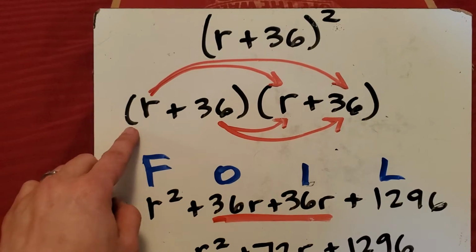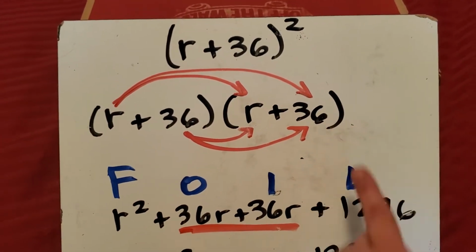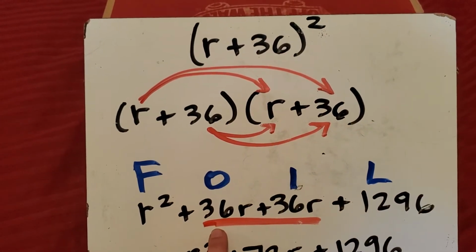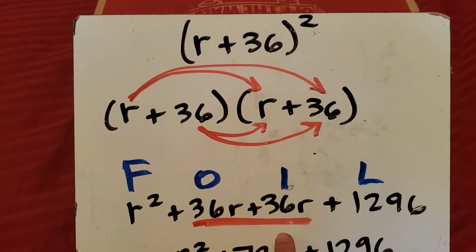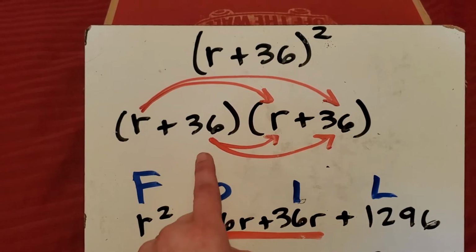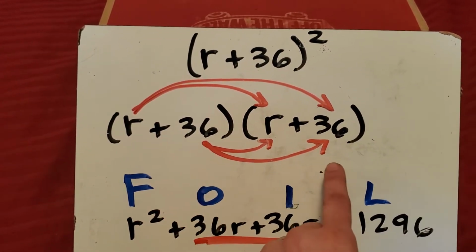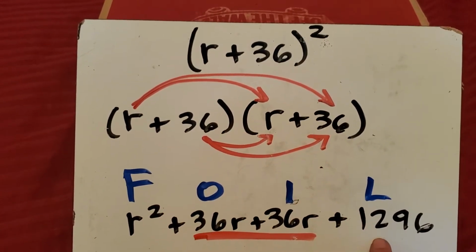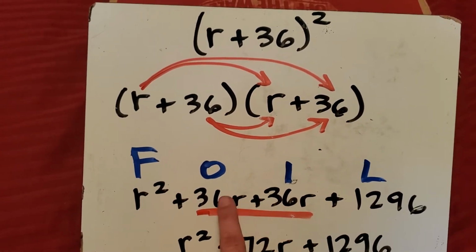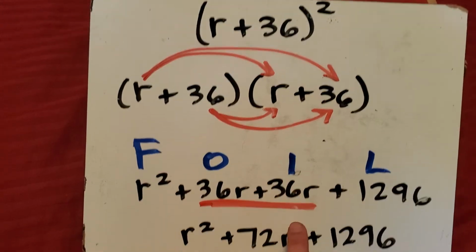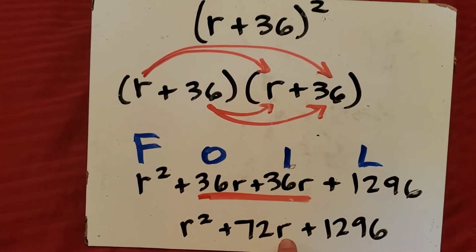The outer terms, R times 36, is 36R. The inner terms, 36 times R, is 36R. And finally, the last terms, 36 times 36 is 1,296. Combine your like terms, 36 R's plus another 36 R's give you 72 R's.